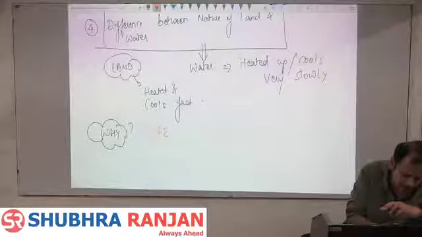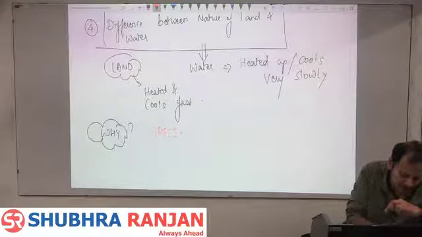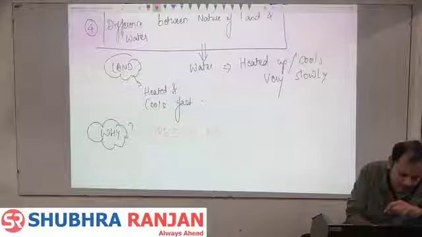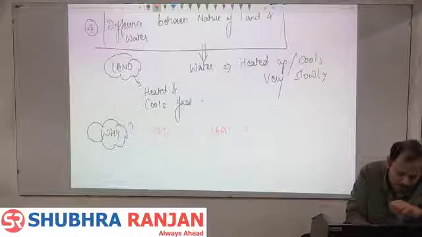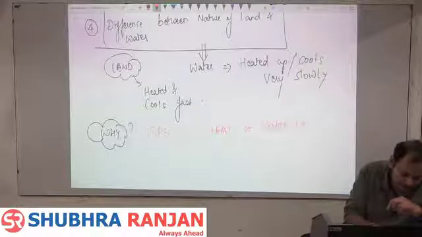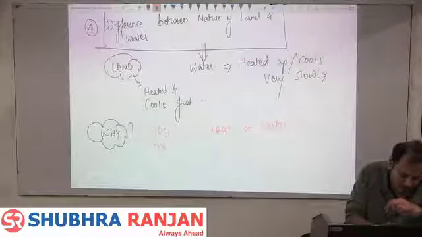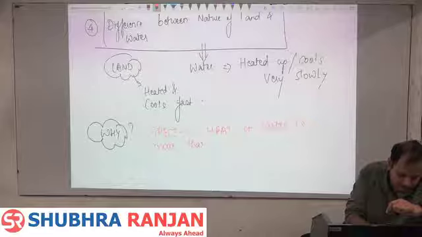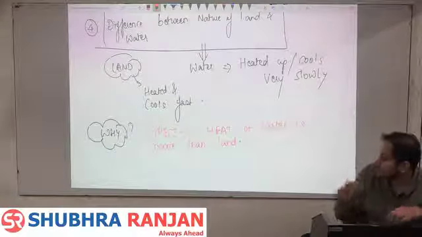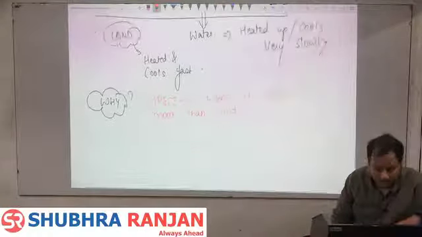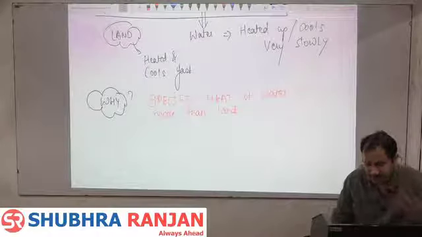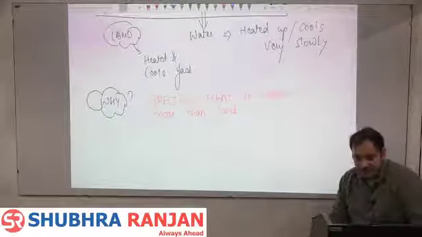And therefore, we say the specific heat of water is more than that of land. So the answer here is that the specific heat of water is more than that of land. Specific heat, what do you understand by it?